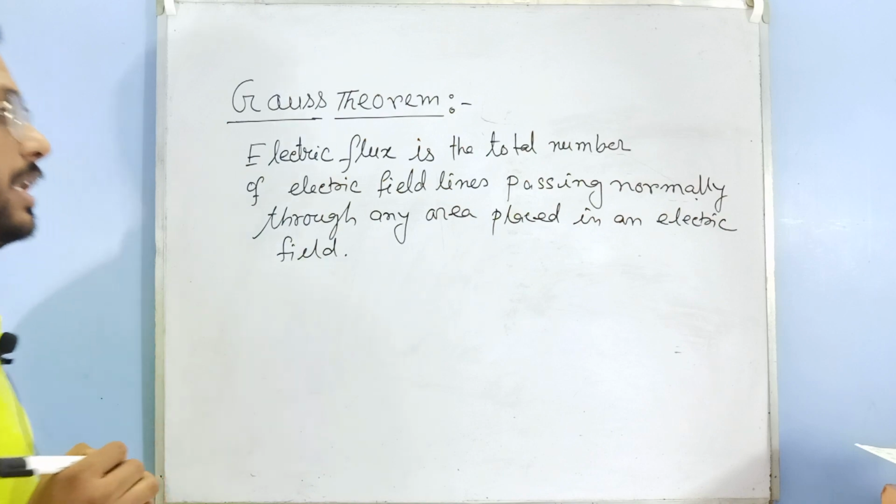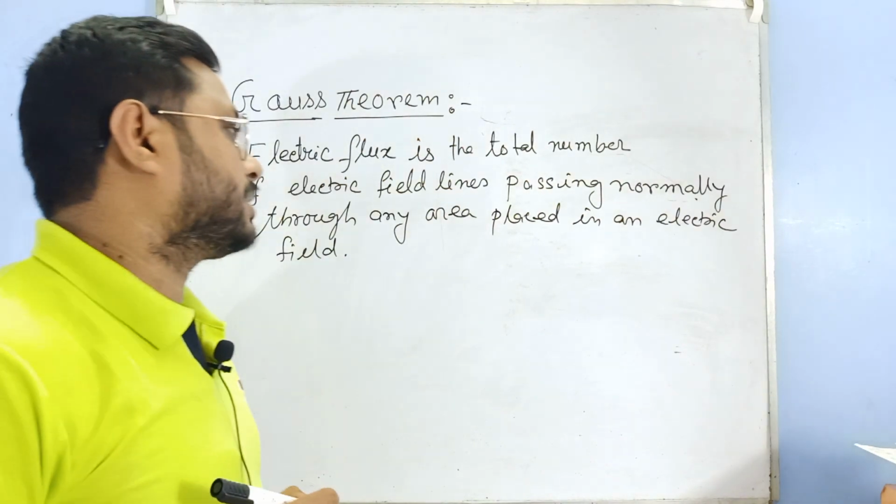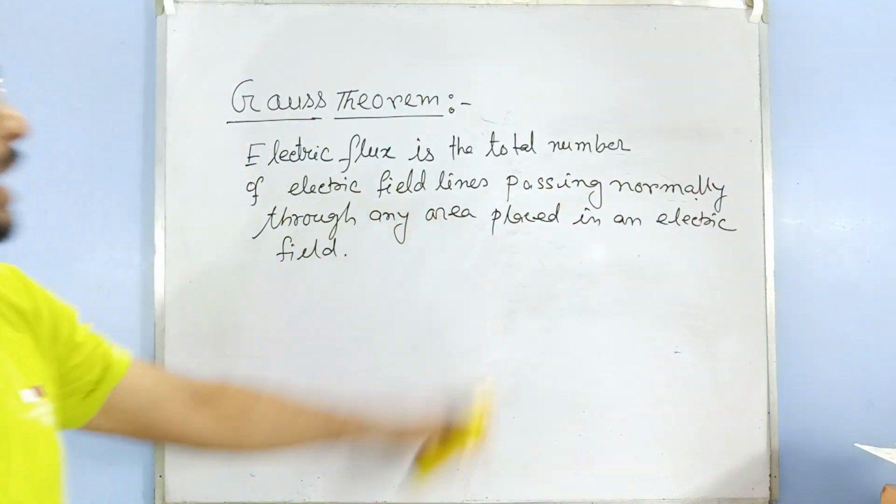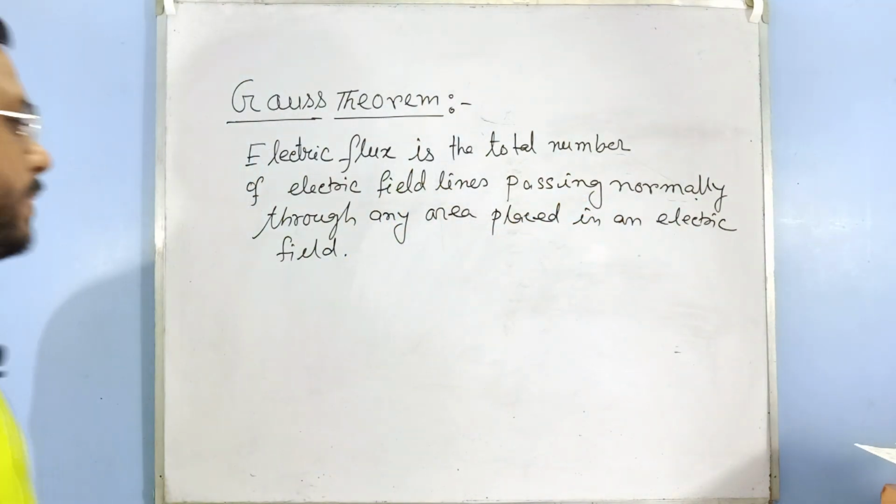This is the definition of electric flux. Electric flux is the total number of electric field lines passing normally through any area placed in an electric field.